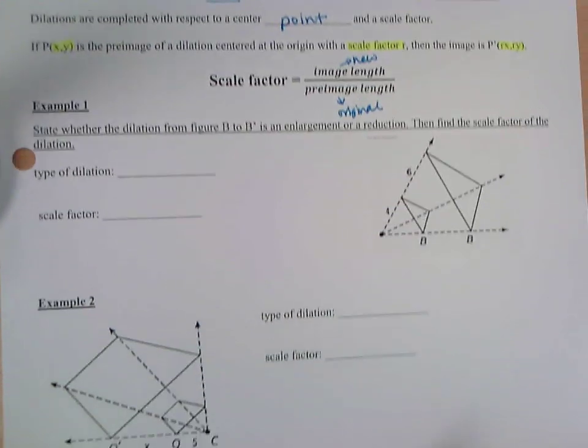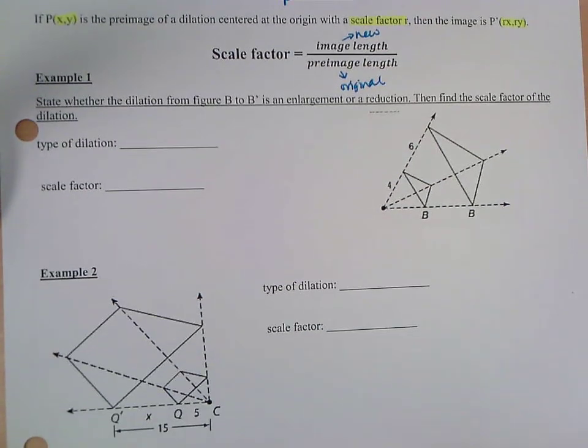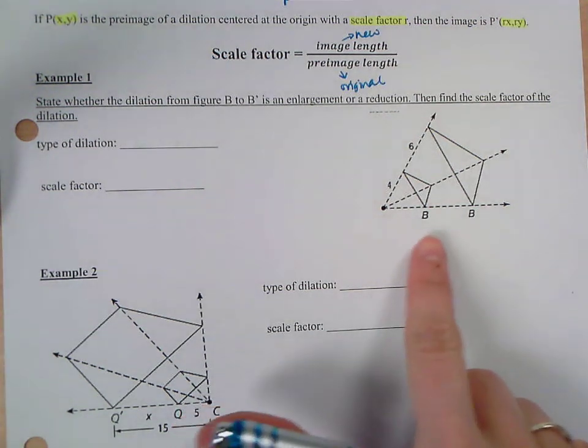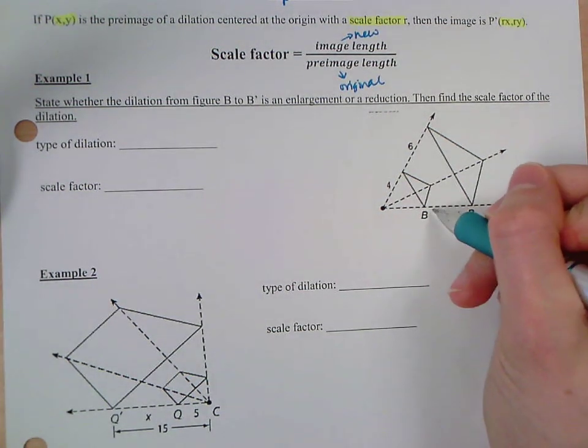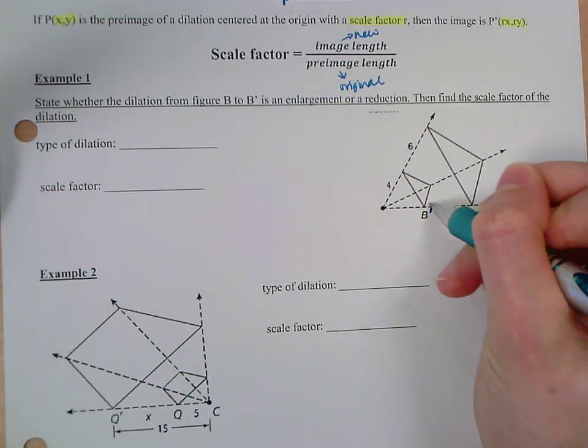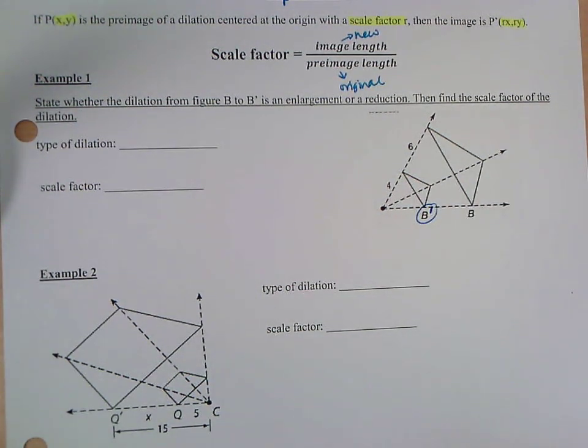So example 1, these are very straightforward. You are just stating what type of dilation it is, an enlargement or a reduction, and then finding the scale factor. In this one, it does say from B to B prime. Notice these both say B. This first one here that you see, this should be B prime.